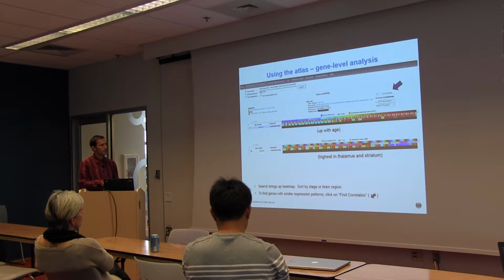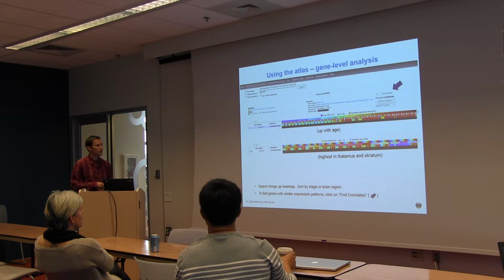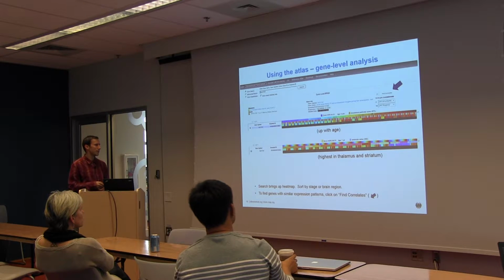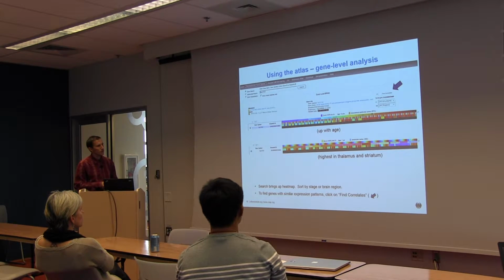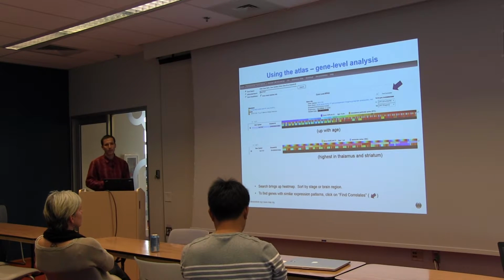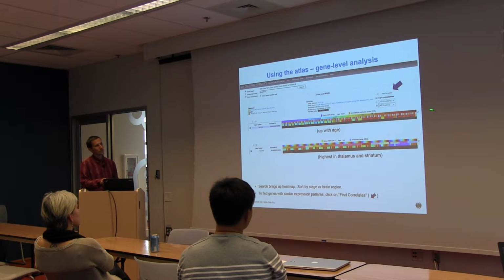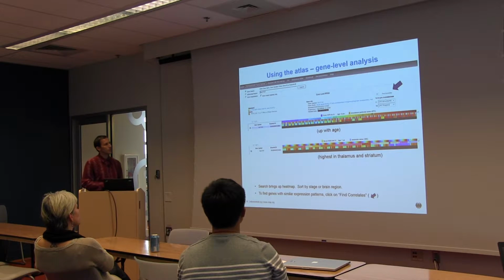In this case, this is a gene that marks excitatory neurons, and it has high expression pretty much everywhere. I actually said highest expression in thalamus and striatum. That's supposed to say lowest expression in thalamus and striatum, but it's expressed in most other places and increases with time. So there's more red over here at the later stages than at the earlier stages.